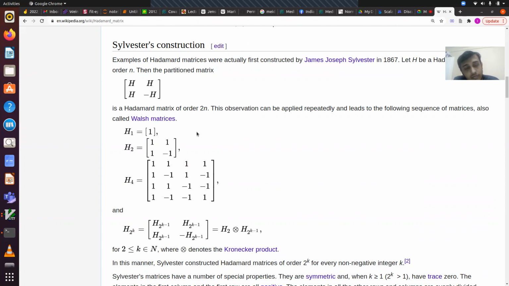Now what I'm saying is, with the help of this formula, please construct H4. Can you please show how you are constructing H4? I cannot construct it. So from this formula, please construct H4. You cannot construct H4? No, I cannot construct.